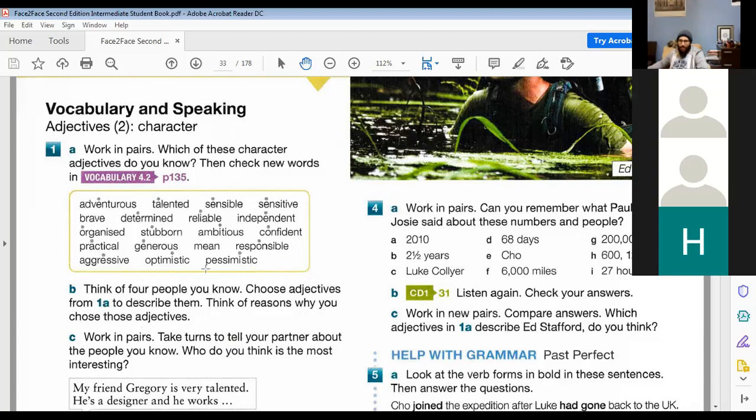So maybe this, maybe this. I think the rest you know them. Am I right? Yes. For me, I know them. Pessimistic. I know pessimistic. Nice. Okay.